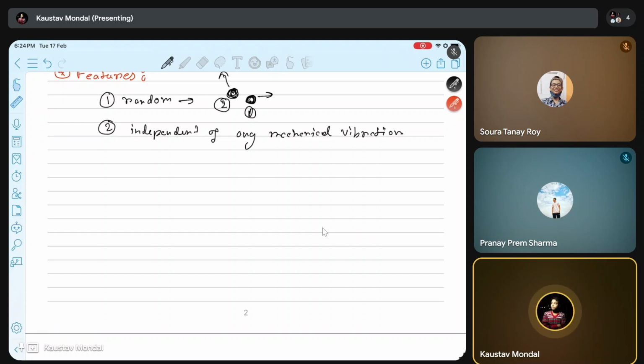In whatever container you put these particles, whether the container is vibrating or not doesn't matter at all, because these are eternal, spontaneous motions. They don't depend on external effects. Even if you don't apply any external effect, you can see this spontaneous, eternal Brownian motion.